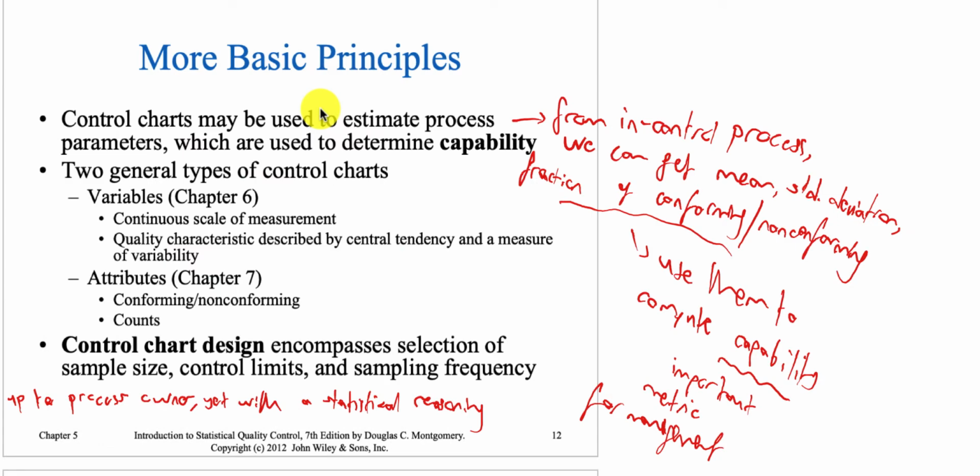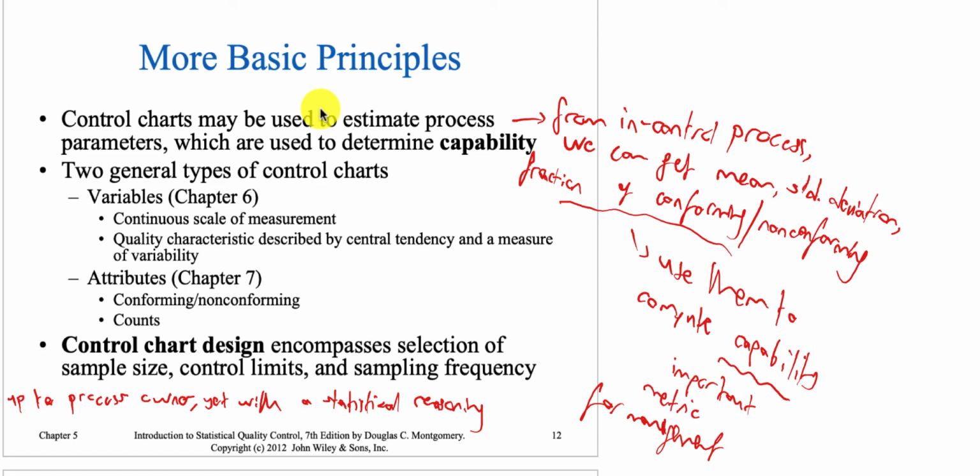Control charts can also be used for estimating the process parameters, and then we can determine the capability. Do not worry about what process capability is here, because we are going to discuss it in the next chapters as well. We also have two general types of control charts, categorized by the data type.